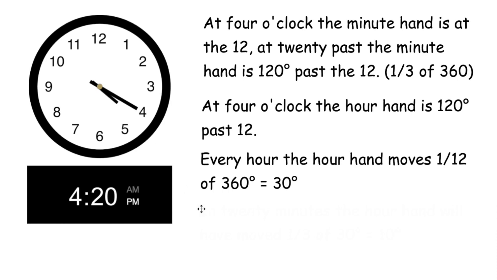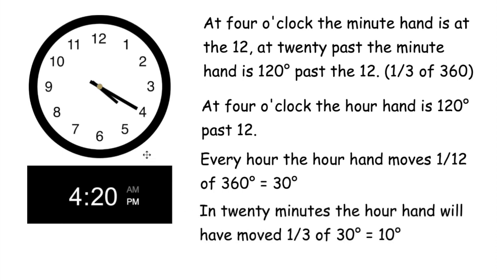Now, 1/12 of 360 degrees is 30 degrees. So every hour, the hour hand moves 30 degrees. So in 20 minutes, that hour hand will have moved 1/3 of 30 degrees, which will be 10 degrees. So if the minute hand is now pointing at the 4, the hour hand is 10 degrees past the 4. So the answer to the question is 10 degrees.